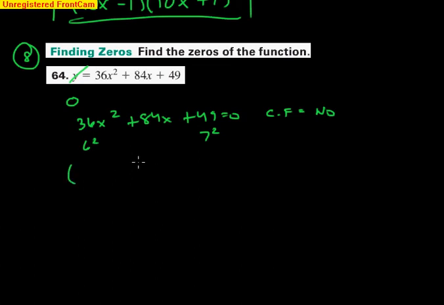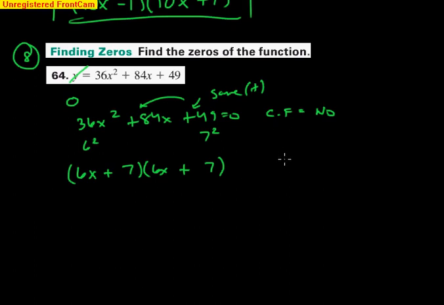Let's see if it's the perfect squares. So that means that 6 would go here, 6x and 6x. The 7 goes in the C spots here and here. Now, your C is positive, same sign. So the B is positive, so that means your same signs are both positive.